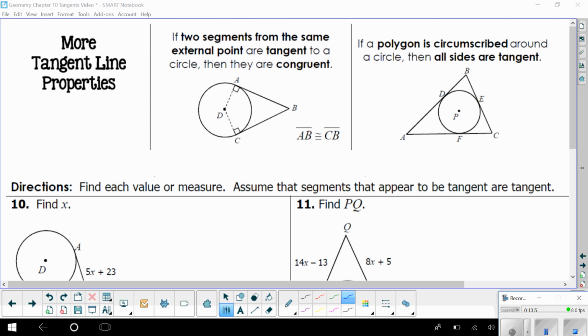Okay, so last thing, more tangent properties.